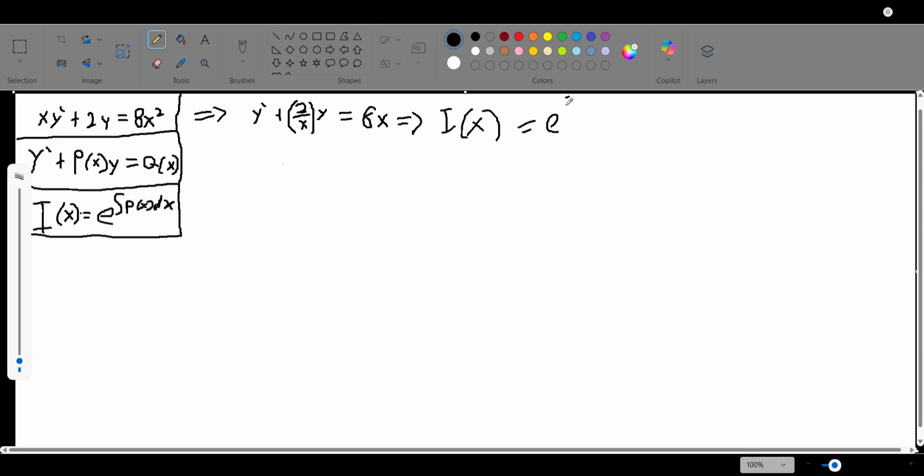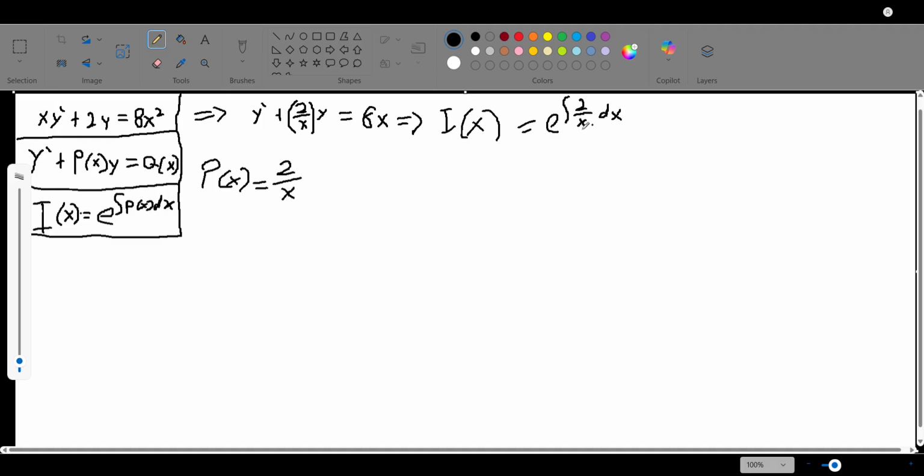It's going to be e raised to the integral of our function p of x, which is equal to 2 over x. I'm going to write that over here. So that's our integrating factor.